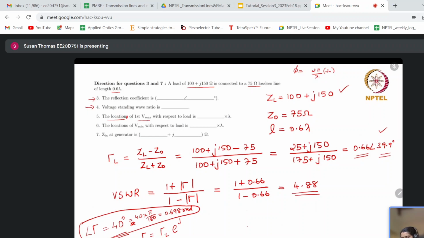So when we write this, it will be 0.66 e raised to j, and instead of 40 we have to write 0.698, so it has to be in radian. Now we know the phase, that is 0.698.